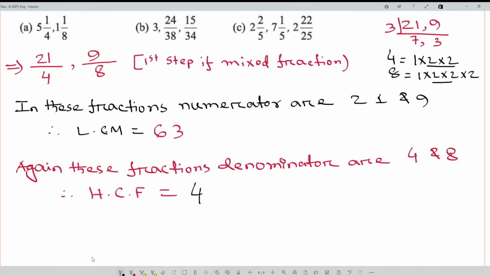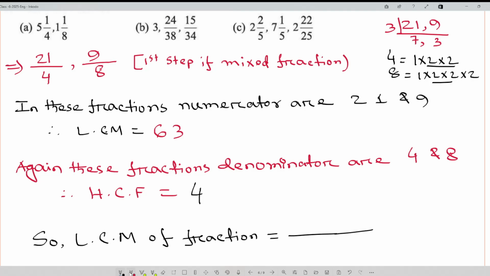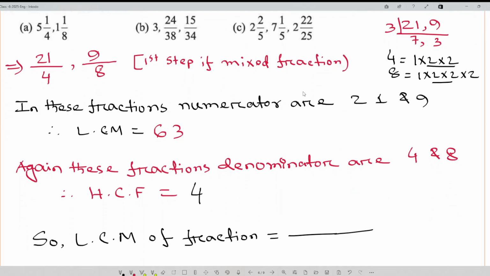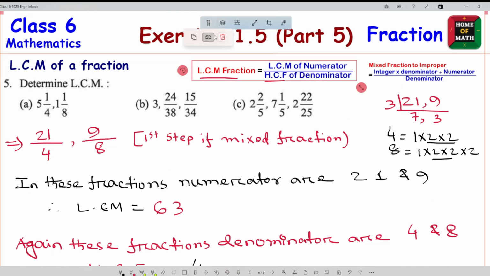Now, so fractions. LCM of fraction equals to, the rule is, we can make a copy of this one.